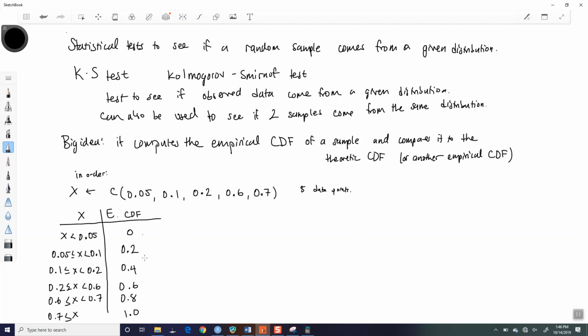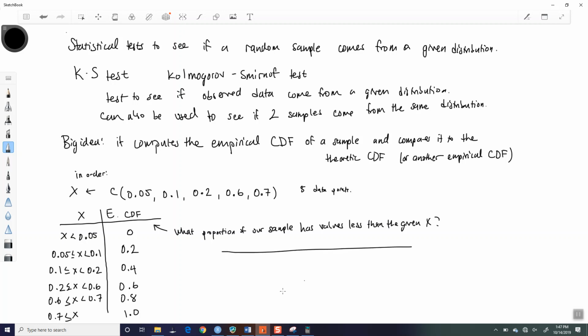Right? So it's basically what proportion of our sample has values less than the given x. Okay, and so this will look like this, and we start at 0 and we go to 1.